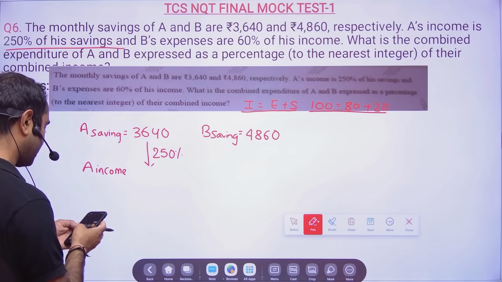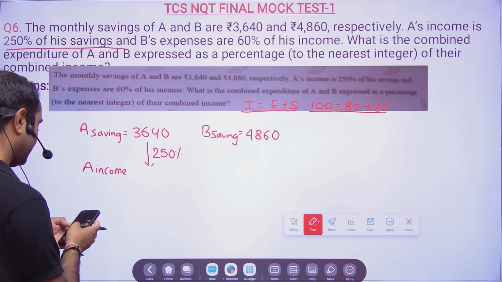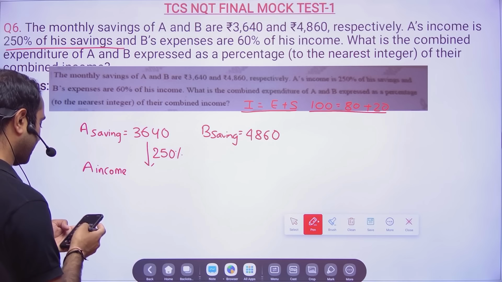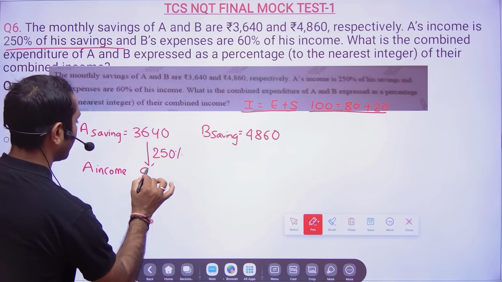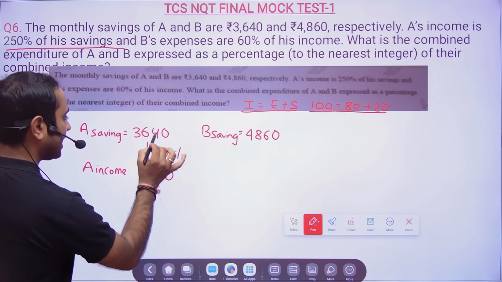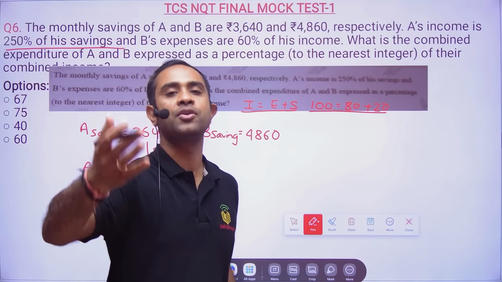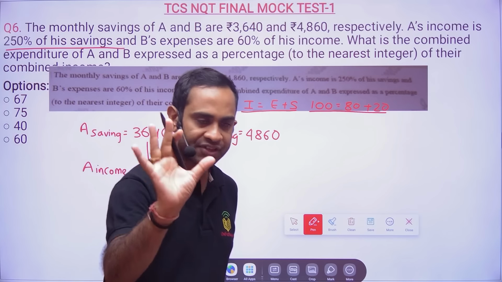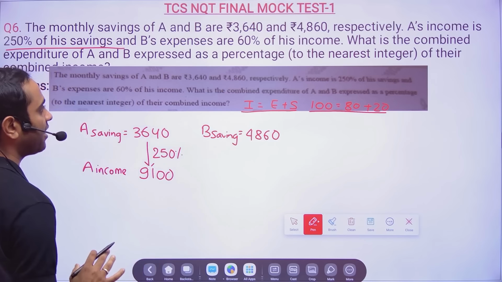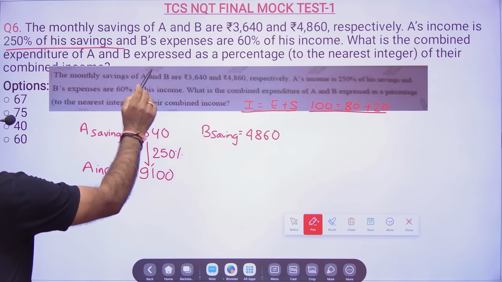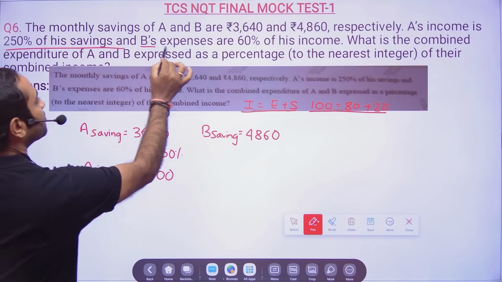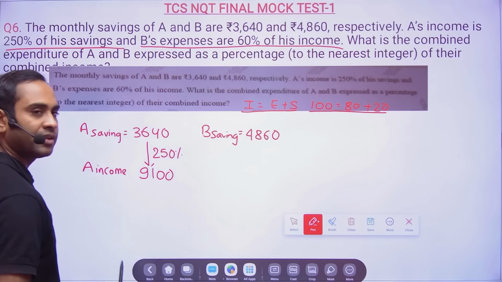So 3640 into 250 percentage is 9100. They are telling 250 percentage, not 250 percentage more or less. So don't start using your logic.